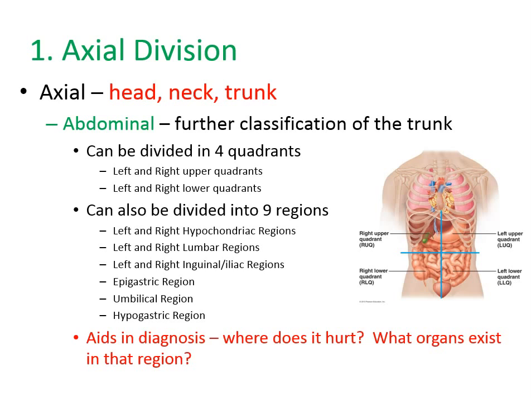So if we look at the main ways that we could break down the quadrants, there's left and right upper quadrants and left and right lower quadrants, and we could break those down into 9 other regions. Now, something that you have to realize is that when we talk about left and right in a patient, it's the patient's left and the patient's right.